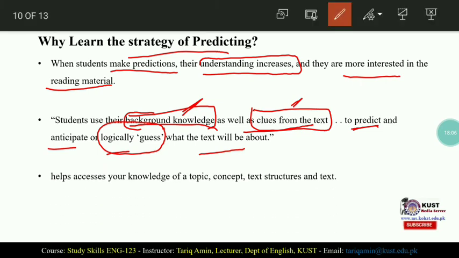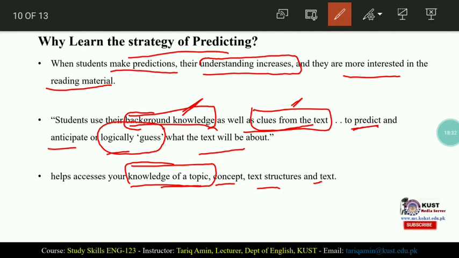It also helps you access your knowledge of a topic, concept, text structures, and text. You would already have some knowledge about a particular topic. For example, we are reading about this skill, reading.